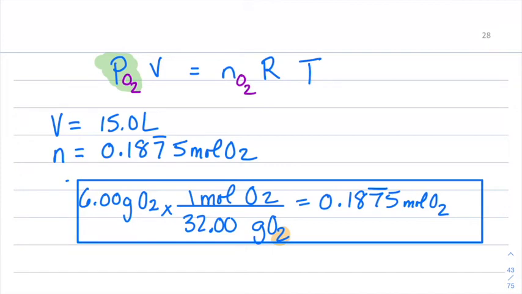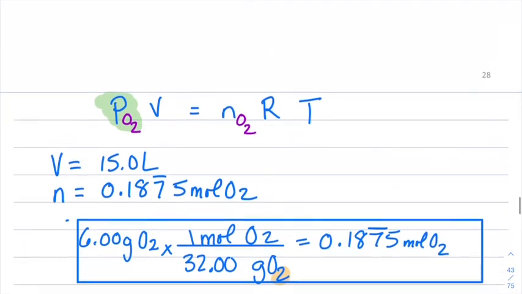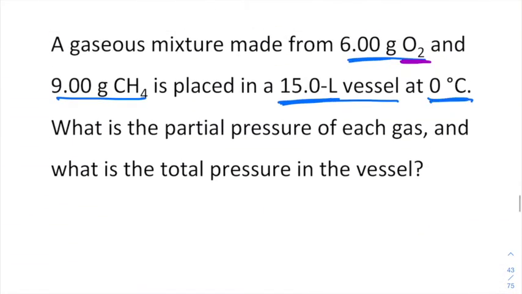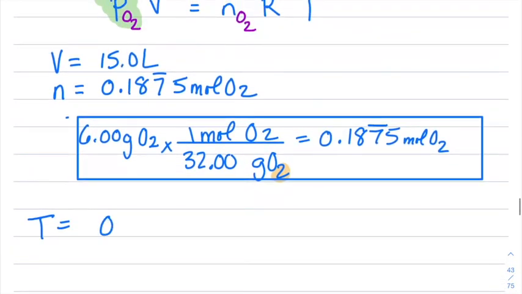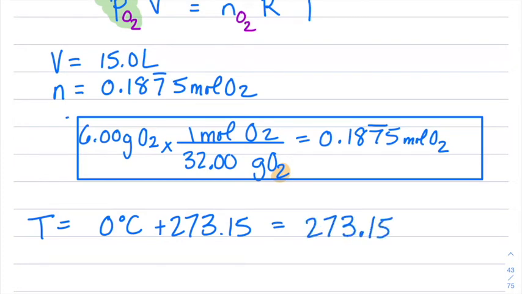Okay, so we always know our R. And next up, let's find our temperature. So it looks like temperature is 0 degrees Celsius. So we're going to add 273, or if you like, 273.15. We're going to call this 273.15 Kelvin like so.